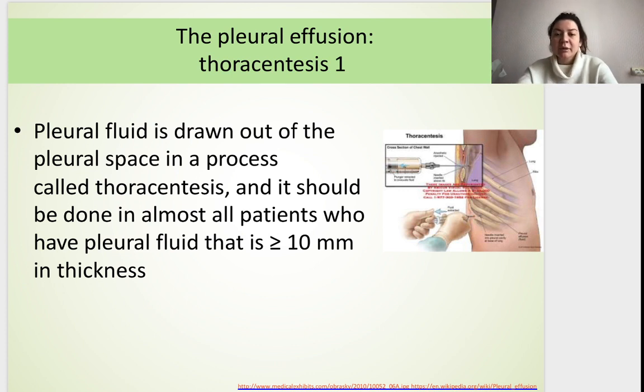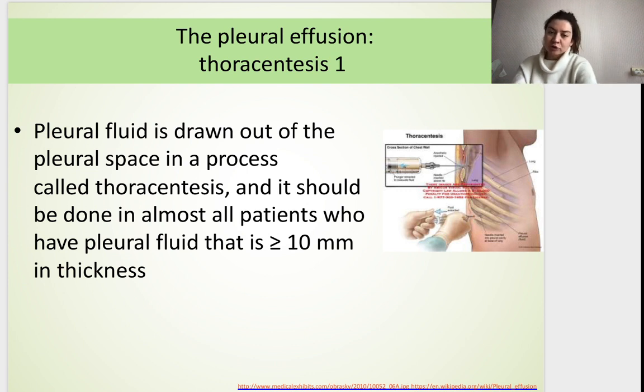Thoracocentesis, one more time, and one more picture. It is when pleural fluid is drawn out of the pleural space in a process called thoracocentesis. And it should be done in almost all patients who have pleural fluid that is more than 10 millimeters in thickness, more than a centimeter of fluid on X-ray or on CT.